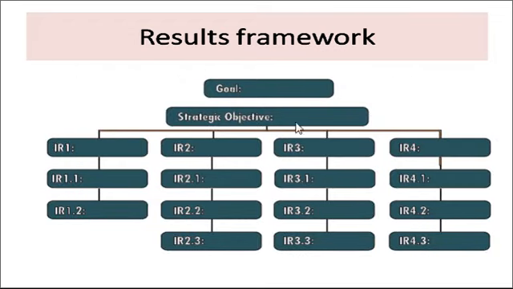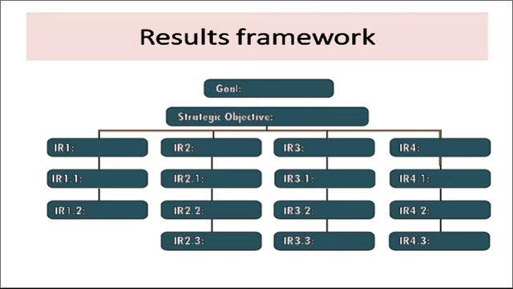So which we are seeing here, that this is the strategic objective. That means these are the broad objectives of a particular project which are connected to the goal, and then these are intermediate results. That means they are independent, small results. So achieving all these multiple results is going to tell me, yes, I have achieved this particular objective.